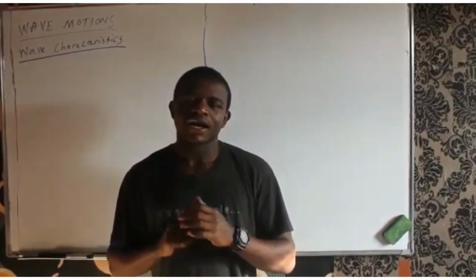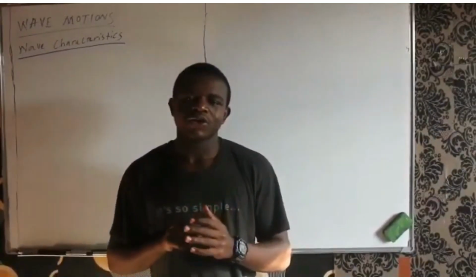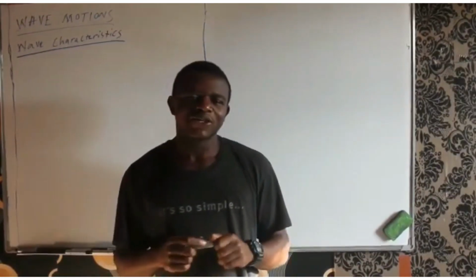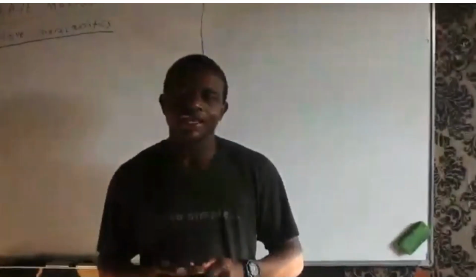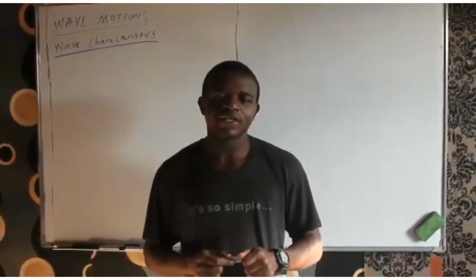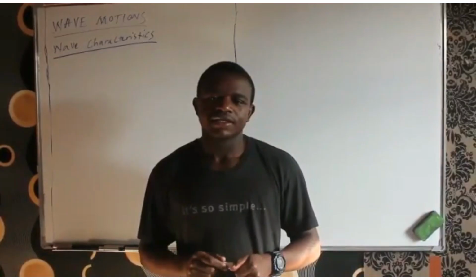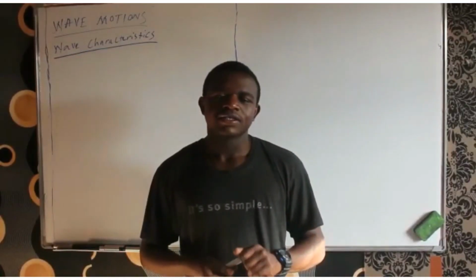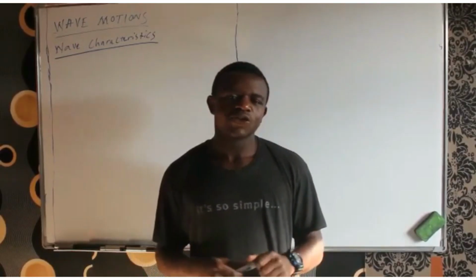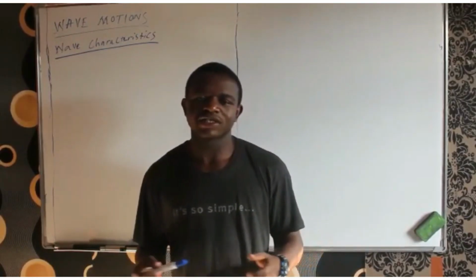Then we're going to go to the amplitude. What's the amplitude? The amplitude is defined as the maximum displacement of the particle from its rest position. Amplitude is represented by the symbol A. Then going to frequency. What's frequency?